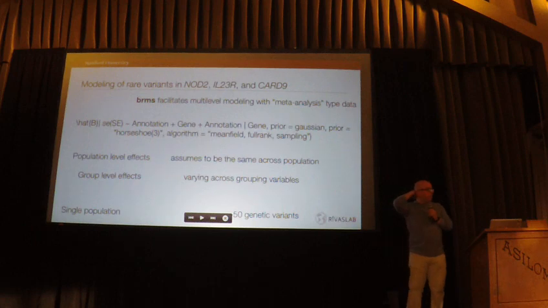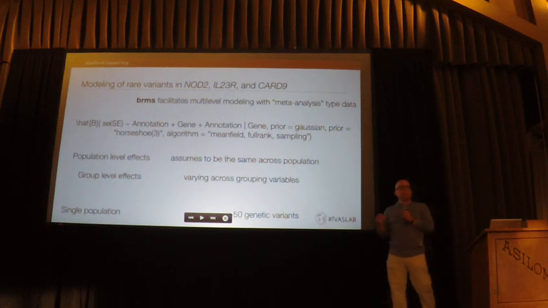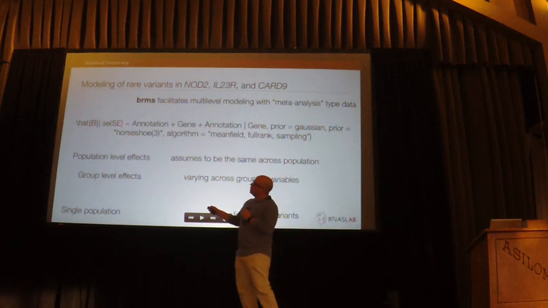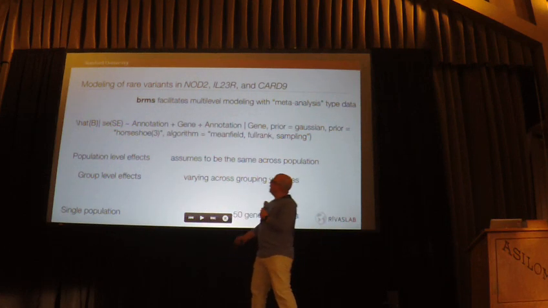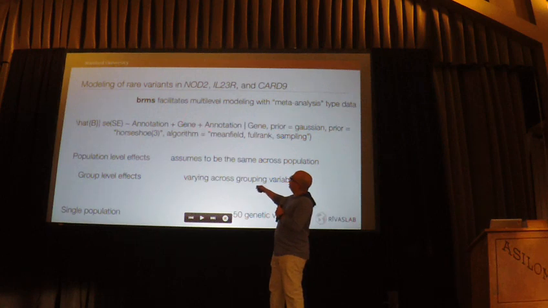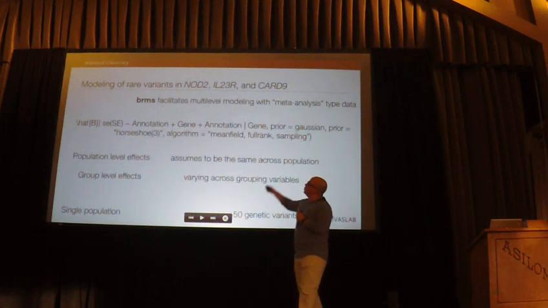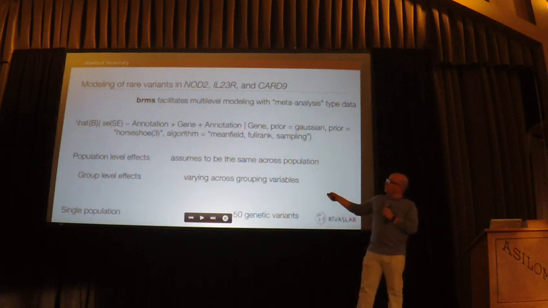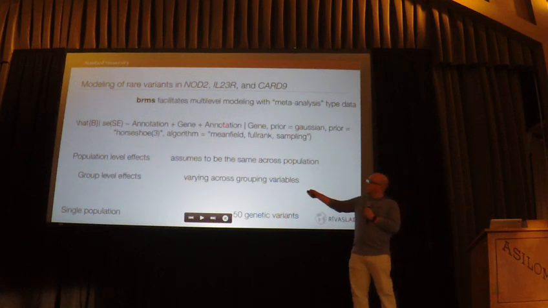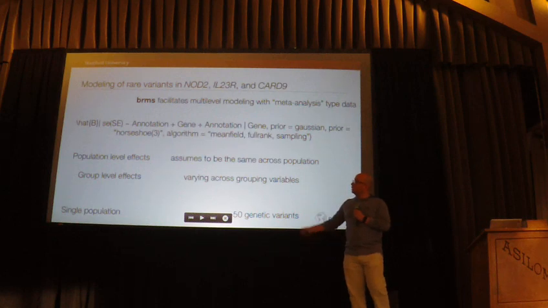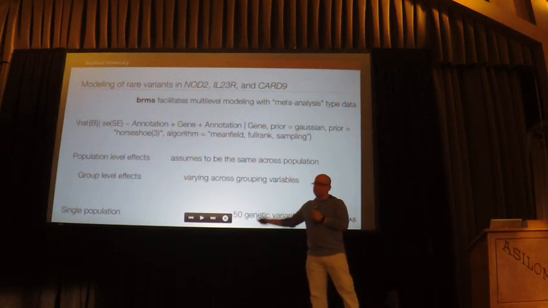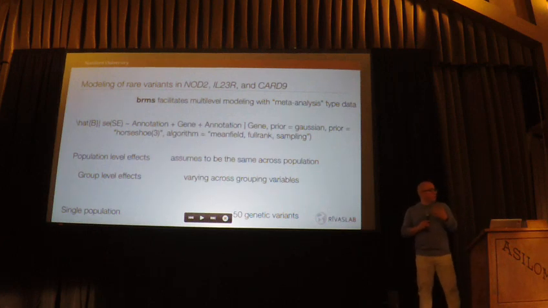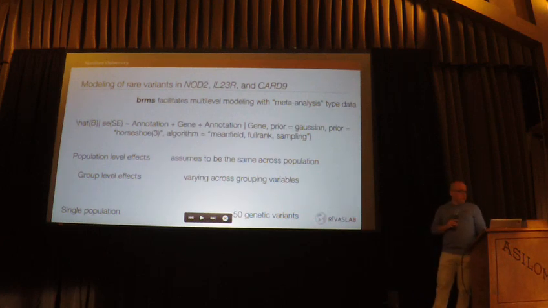The idea is that if you do have access to this type of summary level data, you can start taking these beta hats and standard errors as inputs and doing regression analysis, multi-level modeling, using the gene as the group term, the grouping, and the annotation as the group level effects. And then you have some population level effects represented as well that you'd probably want to assess for to get estimates of parameters.